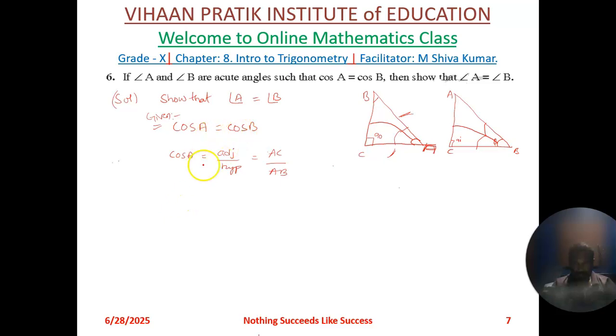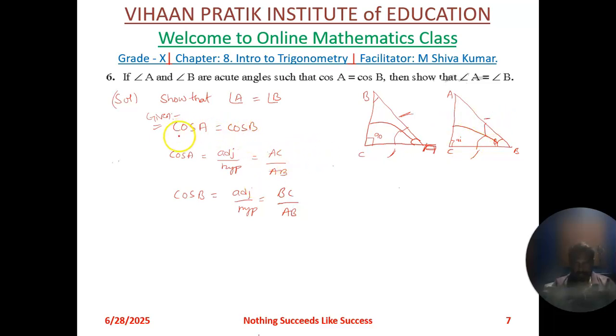For the second case, we'll write cos B as adjacent by hypotenuse. Adjacent, again here it is BC, and hypotenuse is the same, AB.